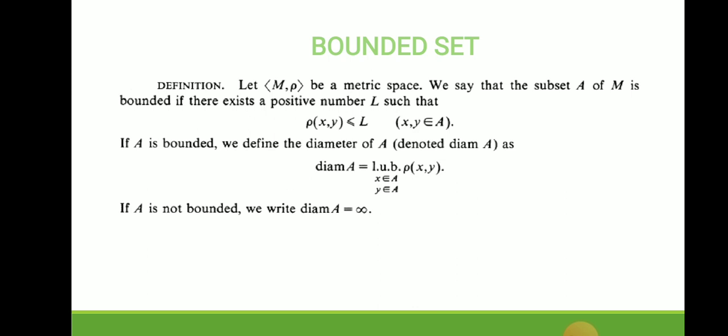Next one is a definition of a bounded set. Consider a metric space M with a metric rho.